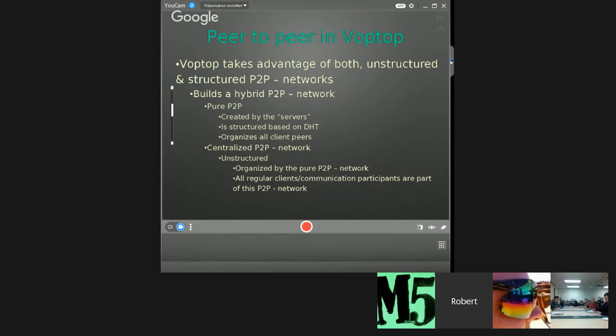So if a client wants to connect to another client, it asks the peer-to-peer network for the specific information to search the client and find a connection for him, and the peer-to-peer network, which builds the central instance, returns the information, and the client can then build the connection. Later we will see a little bit about the protocol. I will show how the protocol works. But that's at first the basics about the network behind Voptop.